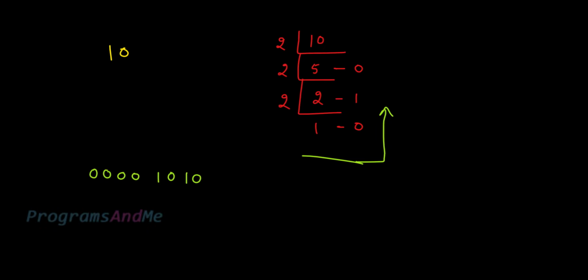Now, how to convert a binary number to a decimal number. Here we have a binary number. First write down the position of every bit: 0, 1, 2, 3, 4, 5, 6, this is 7.